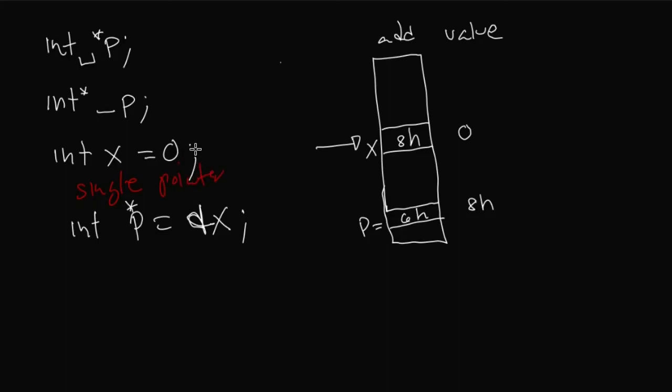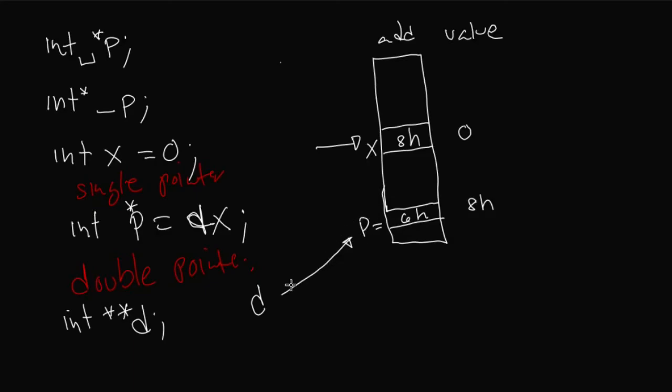Now we go to a double pointer. How do we arrive at a declaration like this for a double pointer? Let's say a double pointer is int **d. Let's say that d points to the address of p.